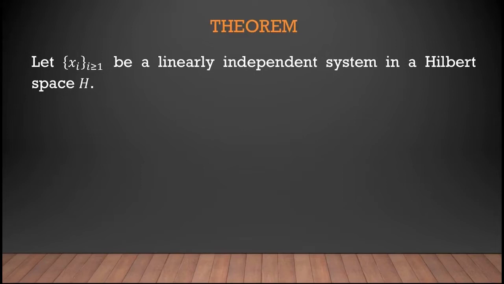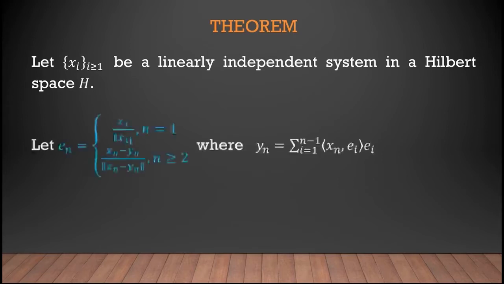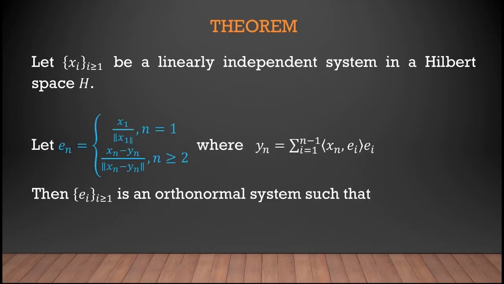Let xi, where i greater than or equal to 1, be a linearly independent system in a Hilbert space H. So, we are given a linearly independent system x1, x2, x3, etc. And we are defining en as x1 by norm of x1 if n is equal to 1, and xn minus yn divided by norm of xn minus yn where n greater than or equal to 2, where yn is defined as summation i equal to 1 to n minus 1 of inner product of xn, ei times ei.